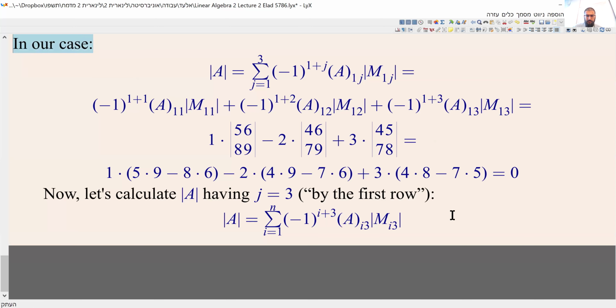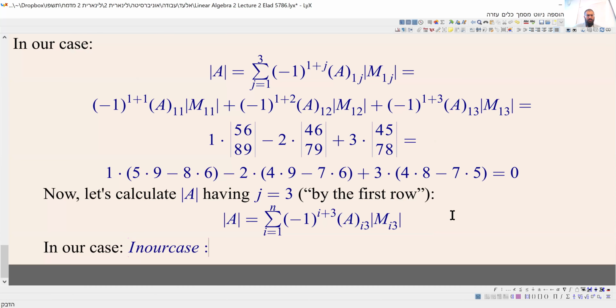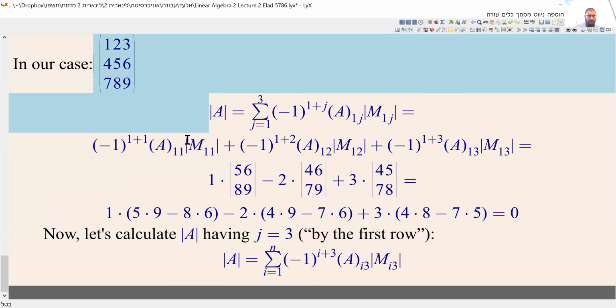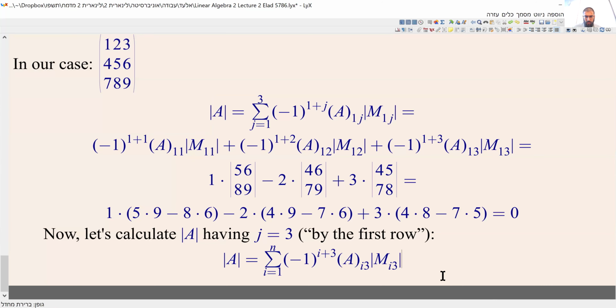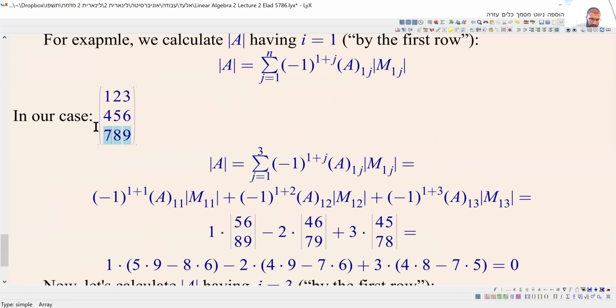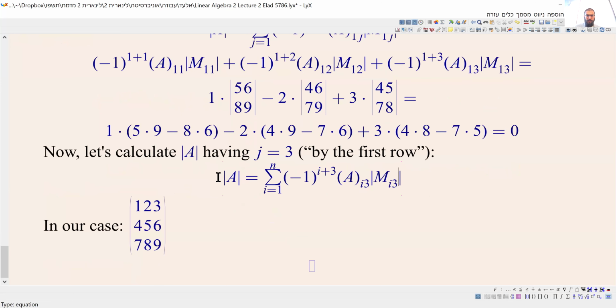I'll copy all this, and then I'll take down the matrix itself. In our case, we get the formula with a sigma from 1 to 3.